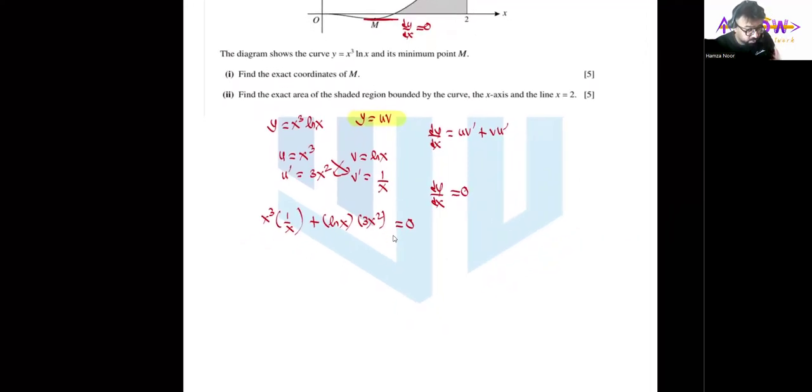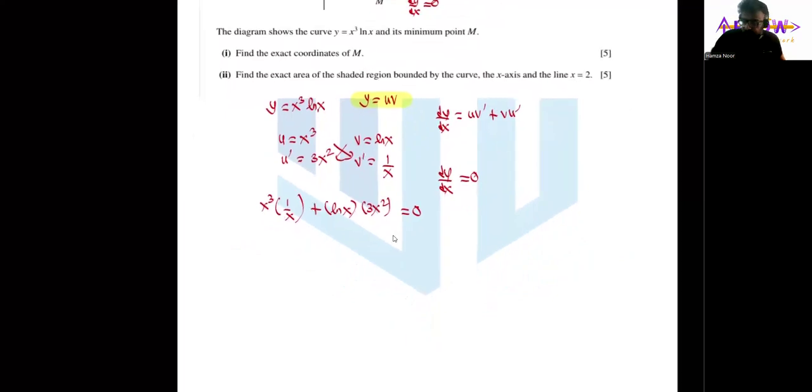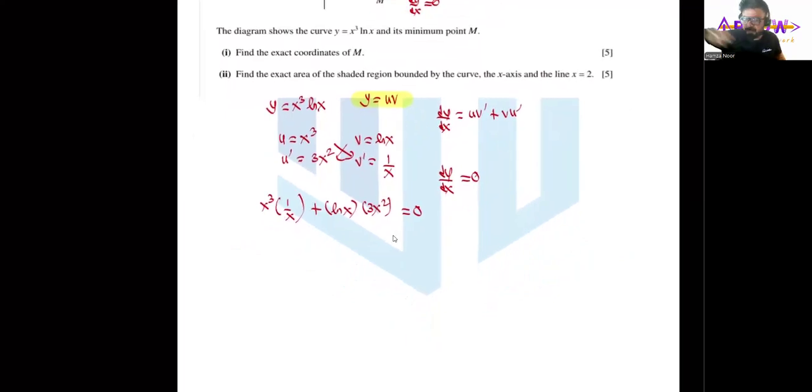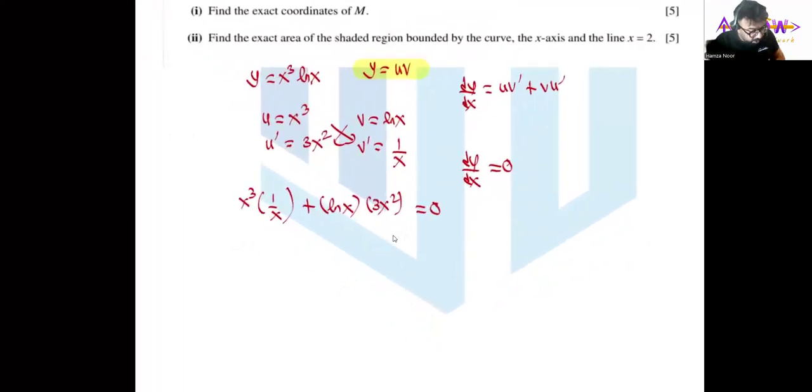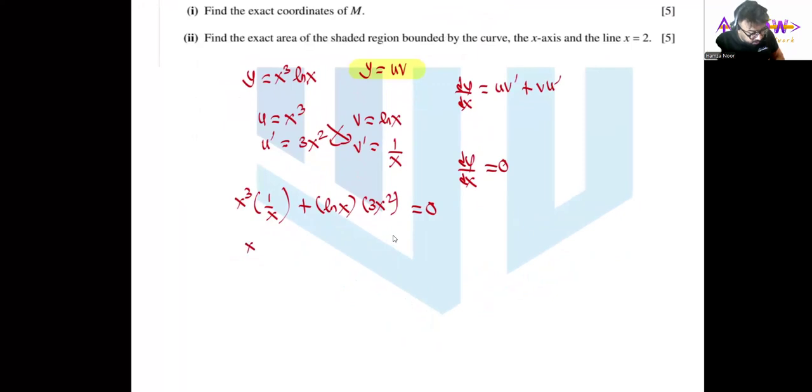Okay, so first I'm going to simplify the equation. x cubed divided by x is basically x squared, and then plus 3x squared times ln x, and this whole thing will be equal to 0. So now what I can do is take x squared as common over here. So taking x squared as common, multiplied by 1 plus 3 ln x.